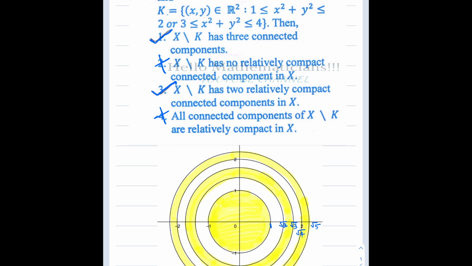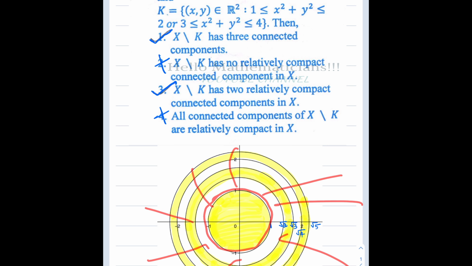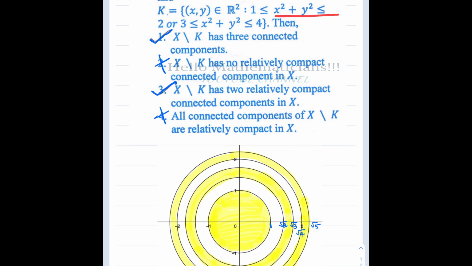Why? Because 1 less than or equal to x square plus y square means x square plus y square is greater than or equal to 1. That means we are looking at points lying outside the unit circle. And then x square plus y square less than or equal to 2 means points lying inside the circle of radius root 2.